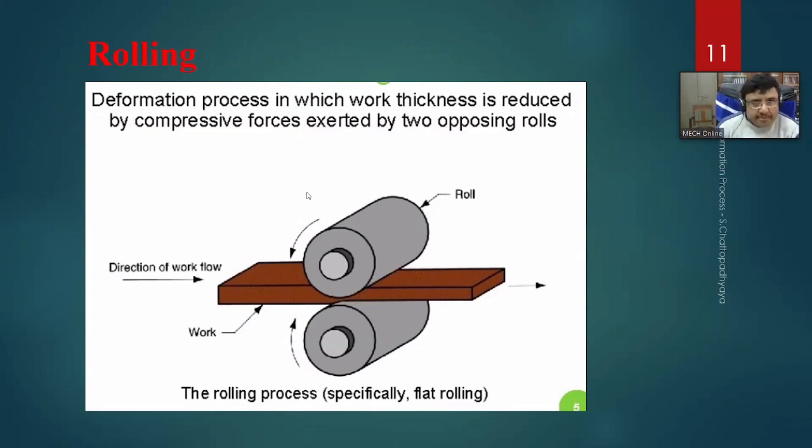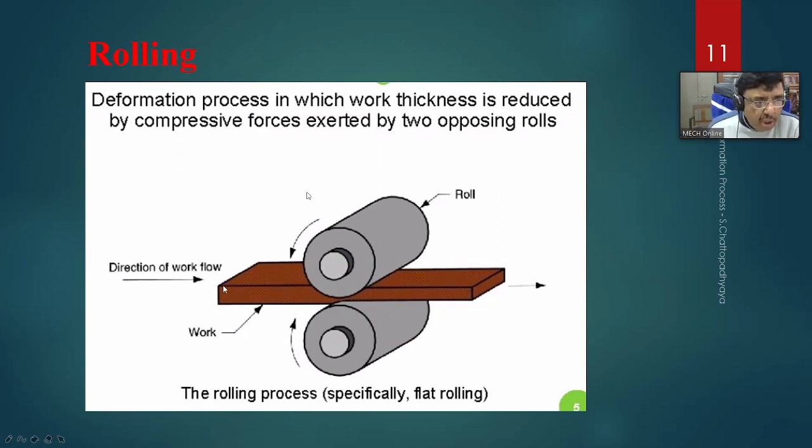Next one. I was also very much associated with rolling, but not of metals, because my first industry was the rubber industry, and they use a lot of rolling activity, but in the case of rubber rolls, some strategies are different. So the deformation process in which the work thickness is reduced by compressive force exerted by two opposite rolls is called rolling.